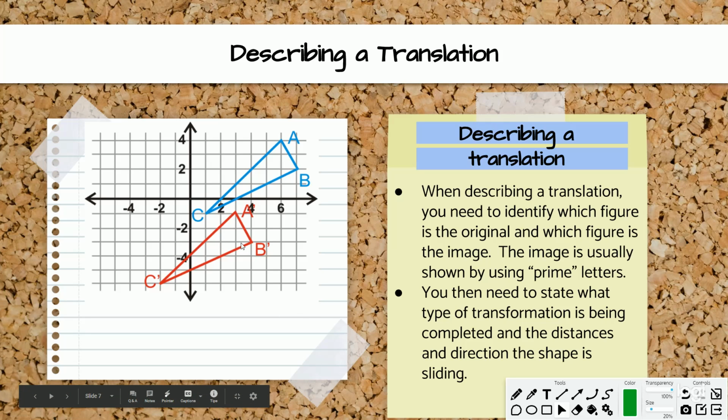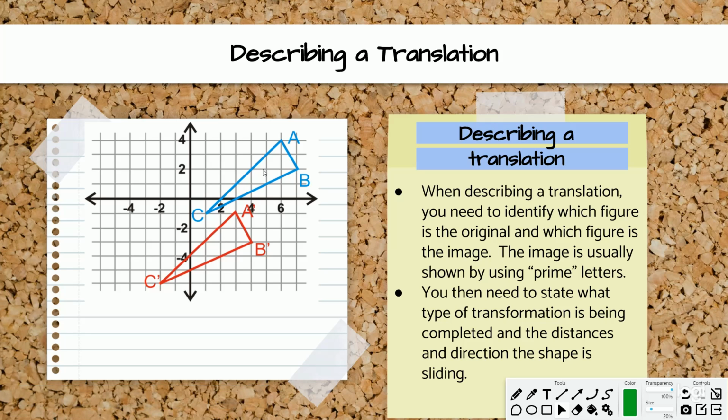So when I'm looking at this right here, I can tell that this right here is my original image because I just have A, B, and C. And the red one has my prime images, or my prime coordinates. So my red image is going to be my image.